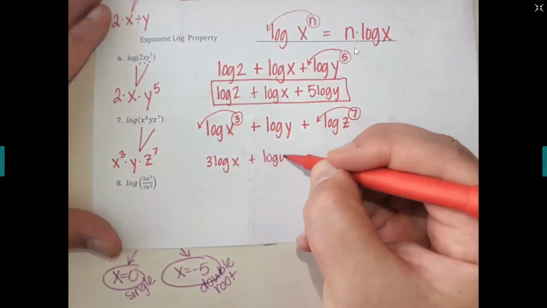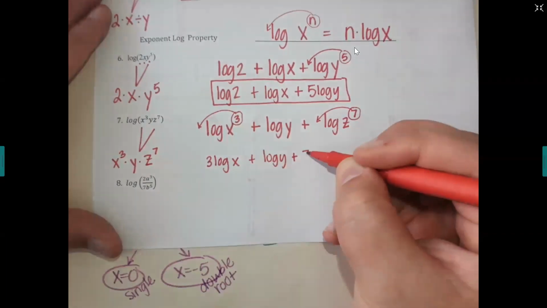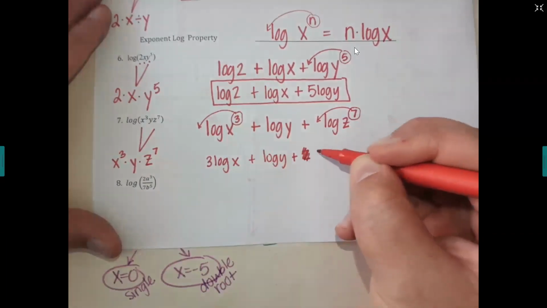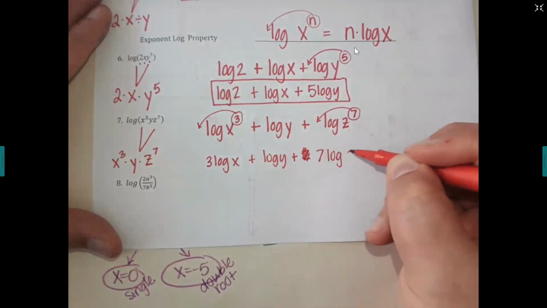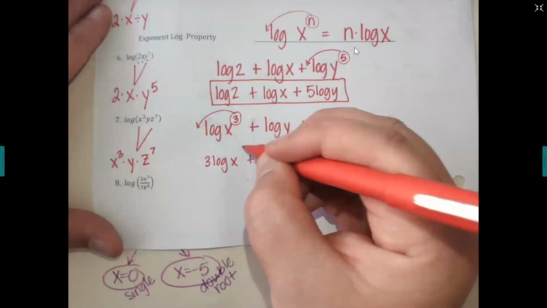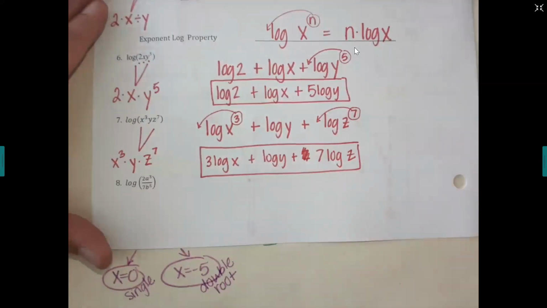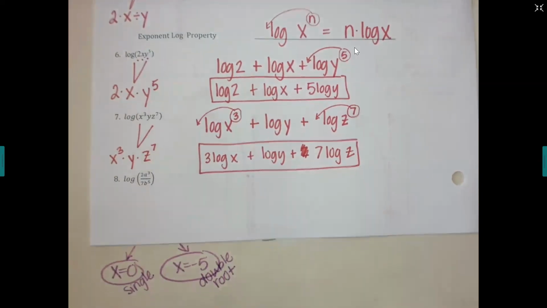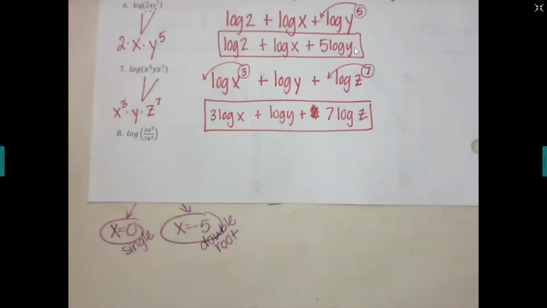My log y stays the same. And then 7 log z. Okay, how we doing? Weird but easy, hopefully.